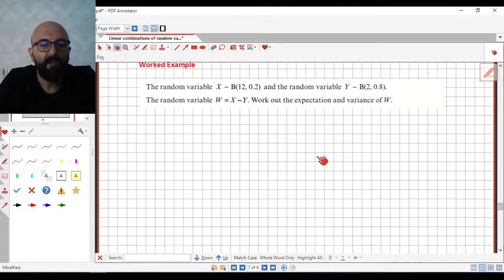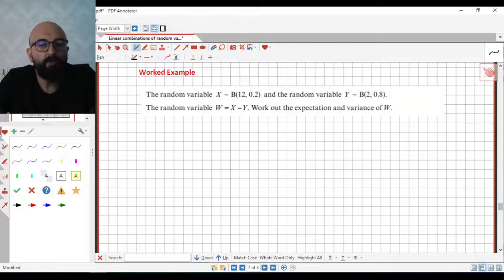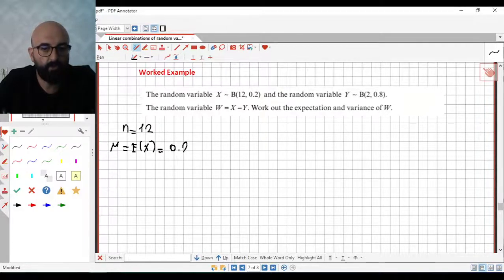Okay. Now we have one more example. The random variable x, this is a binomial distribution, with n value 12 and the expectation of x is 0.2, I mean p is 0.2 for x.